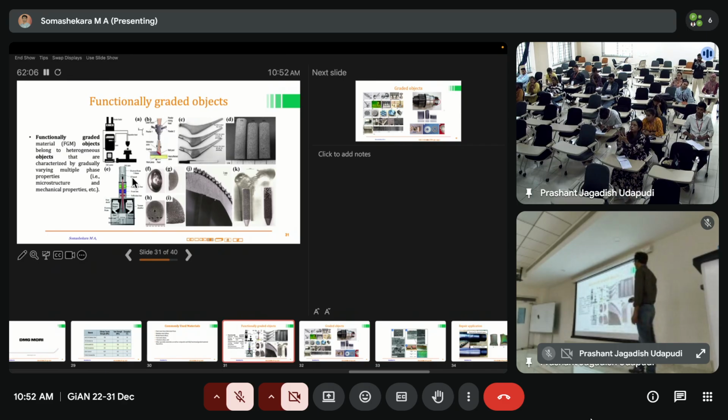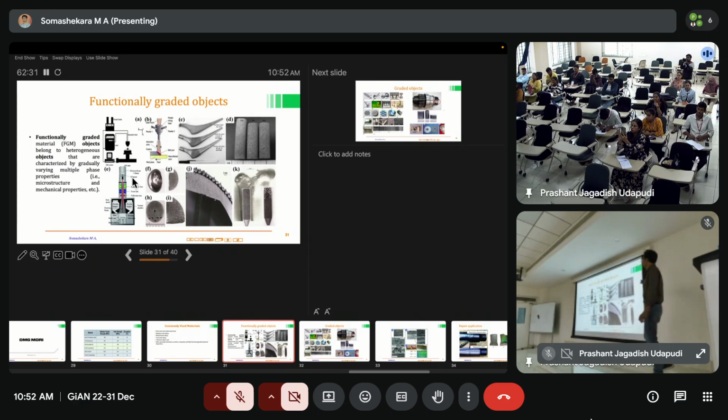The other is you can go for a multi-material approach, wherein you can change the composition of the input material. For example, if you talk about material A or material B, we can change the material composition based on the structure, or whatever composition you want to maintain.